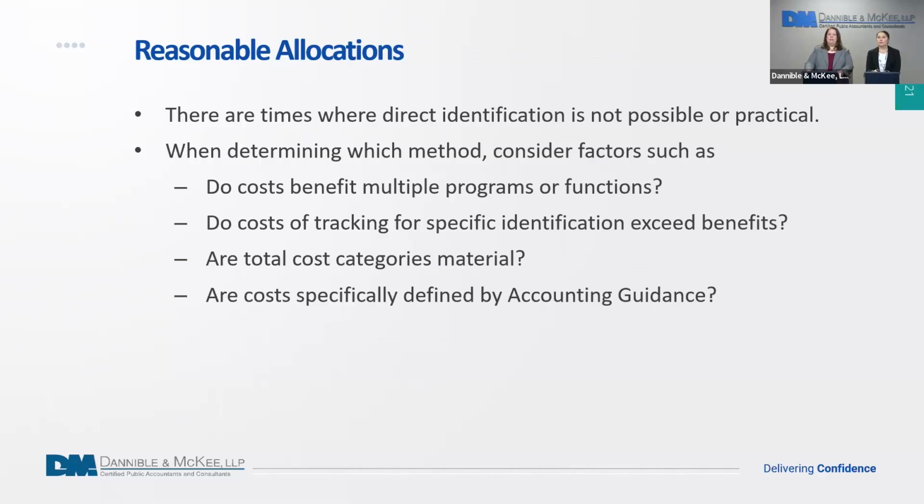I think what we see in our audit practice, depending on the organization, if it's a smaller organization, they may not do a whole lot of the allocations. They may just rely on us at the end of the year to do an overarching allocation, let's take salaries and allocate it between, like, 80% program and 20% management in general. But there's really a lot that goes into that. You could have it as simple as that, or there could be a multi-pronged way of doing your allocations. Yep, and we'll go through that in a little more detail later.